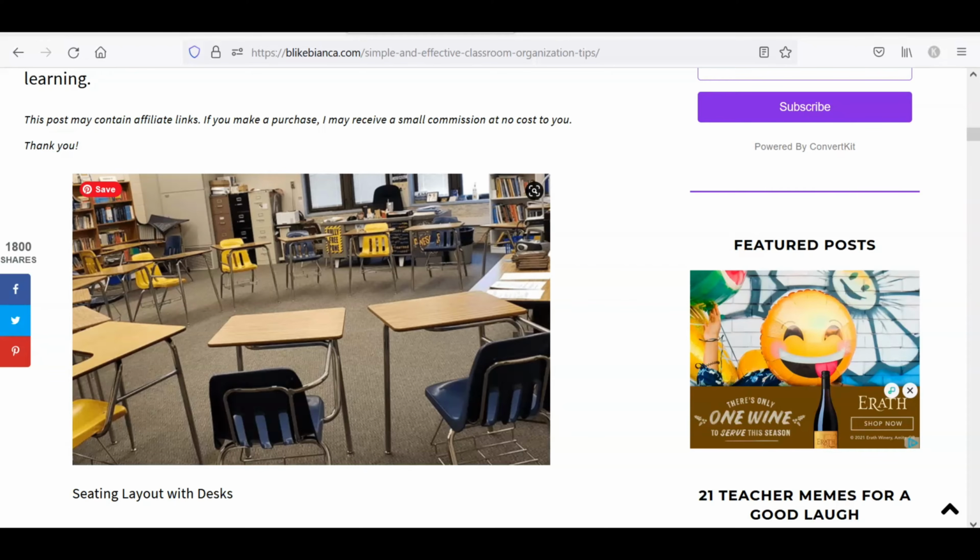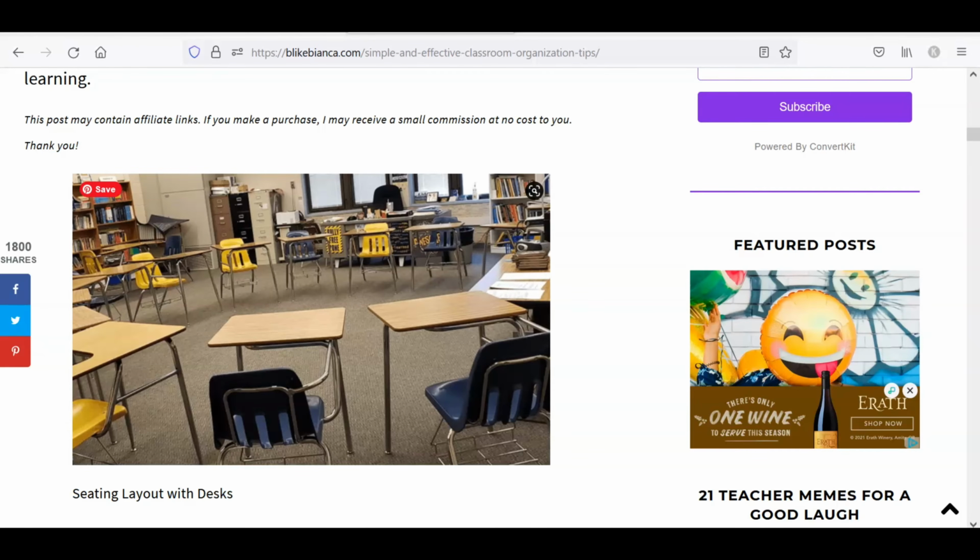I also had my dot camera right next to it, so it was considered my teaching station, and students knew that when I was in that area of the classroom it was time for instruction and they needed to follow along. So always have a teaching station or area where you can go.